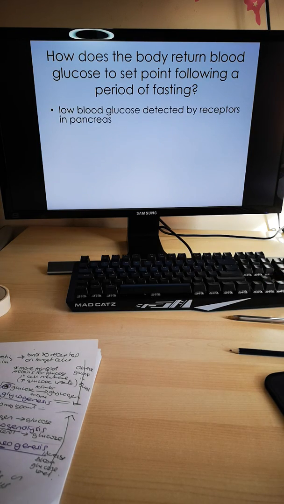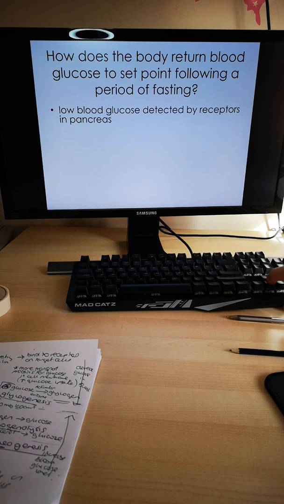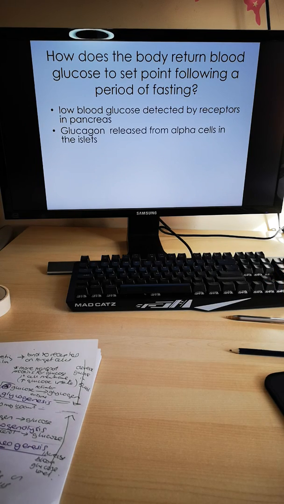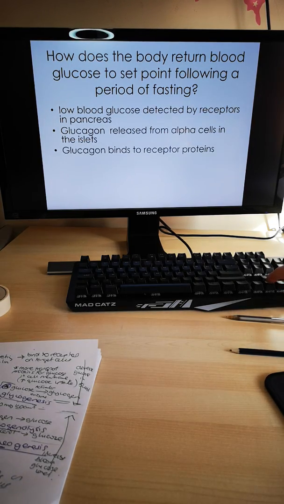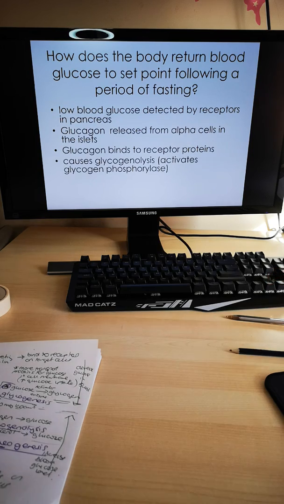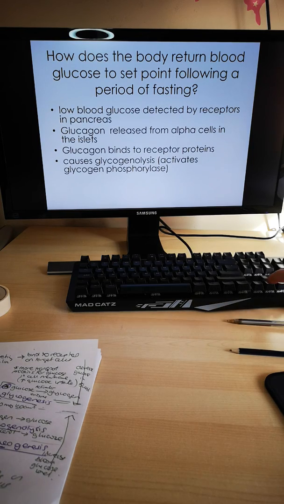So you should have a low blood glucose is detected by receptors. They're found in the pancreas. Glucagon is released from the alpha cells in the islets of Langerhans. Glucagon binds to receptor proteins on the surface of target cells, particularly the liver, and causes glycogenolysis, so that activates glycogen phosphorylase, so it's breaking, hydrolyzing glycogen down into glucose, and the glucose goes back into the blood to raise the blood glucose level.